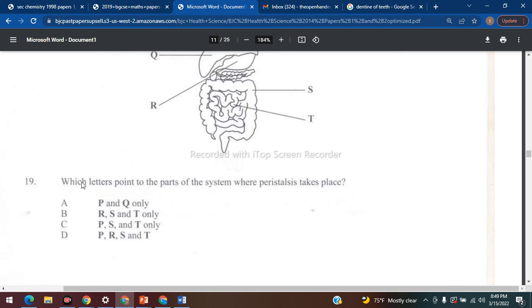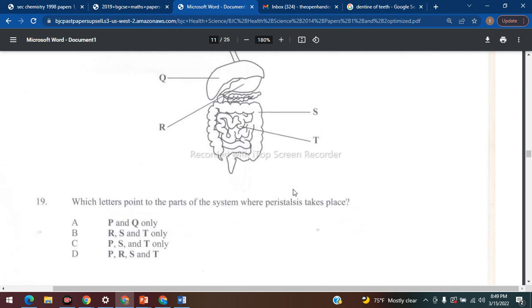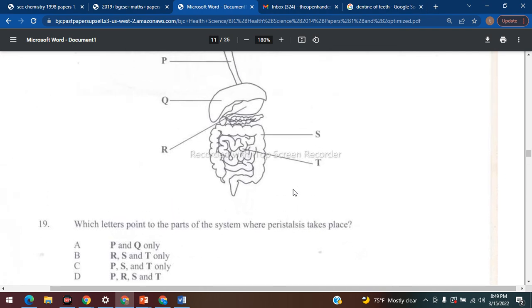Which letters point to the parts of the system where peristalsis takes place? Everything except Q. It happens in R, S, and T too.